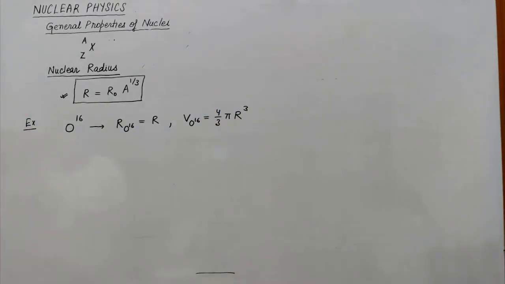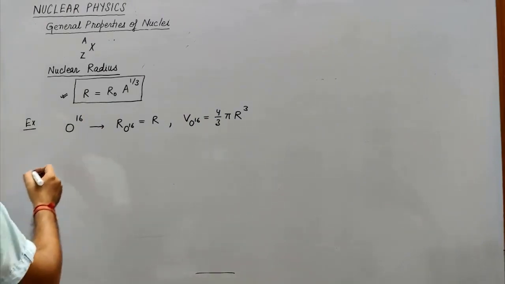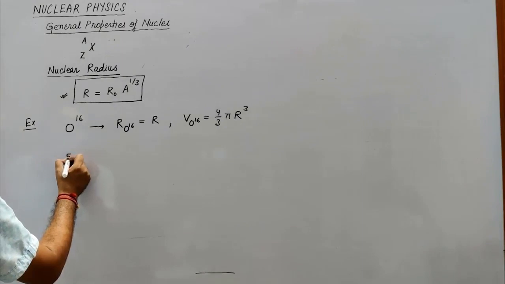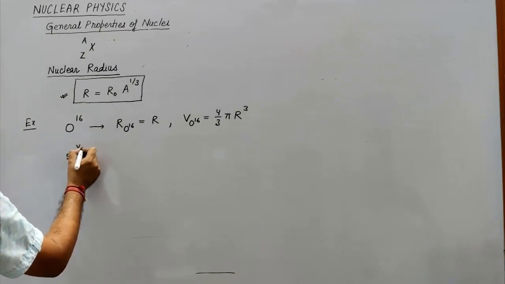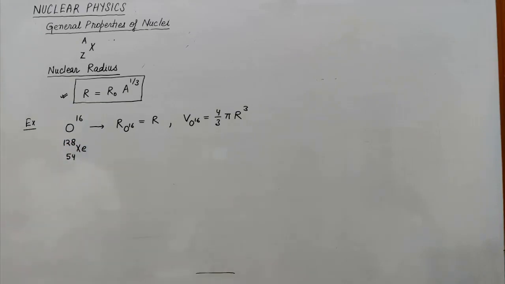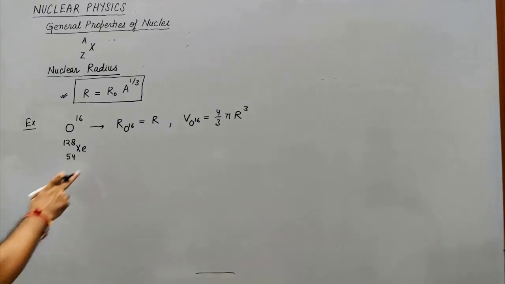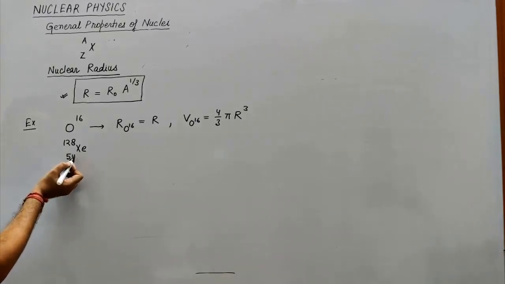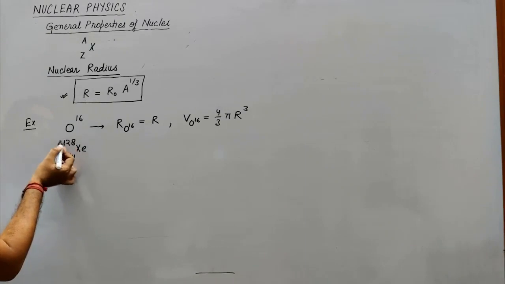Now there is another nuclei, that is 54 Xe 128. You have to find out the volume of this nuclei.